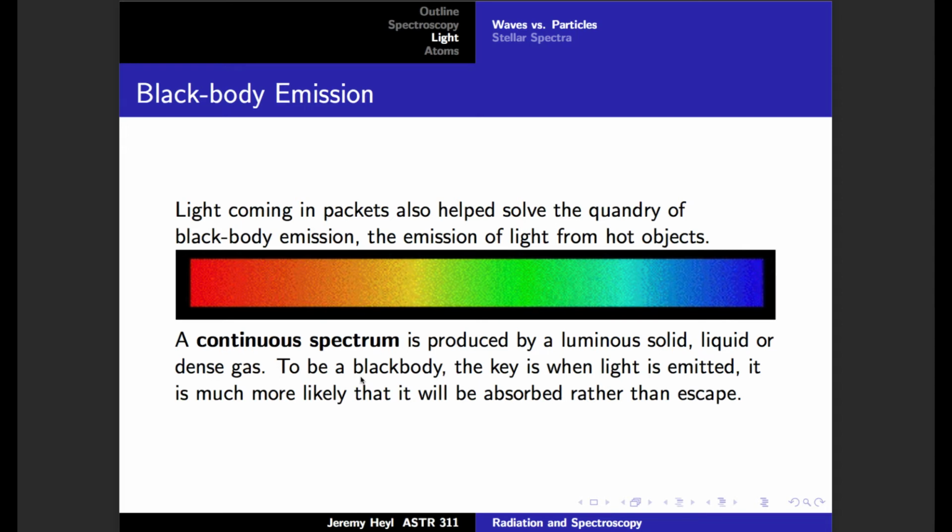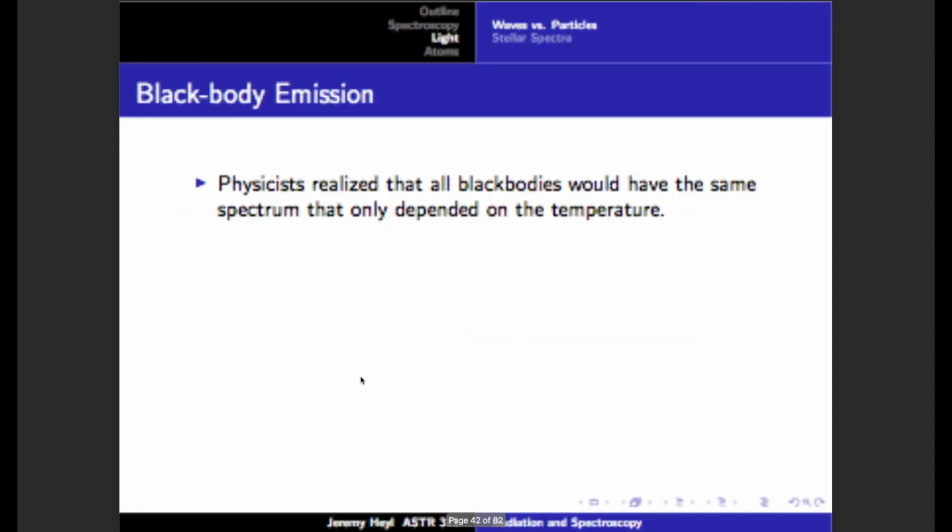So this seemed like a rather simple thing, and people did this experiment, and you could see what happened there, and people were familiar with what was going on.